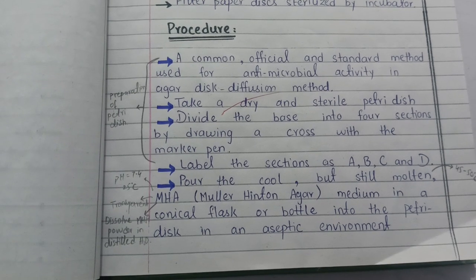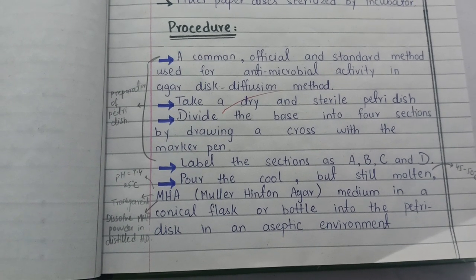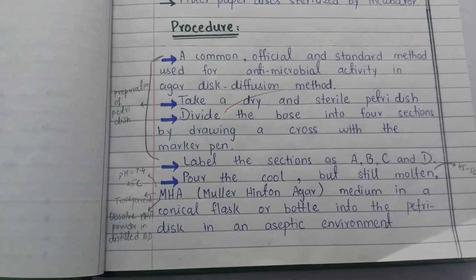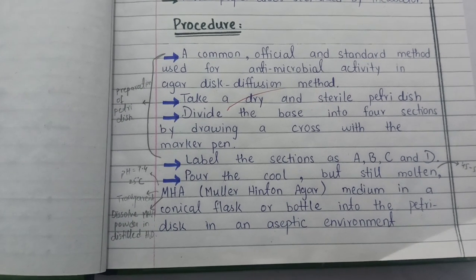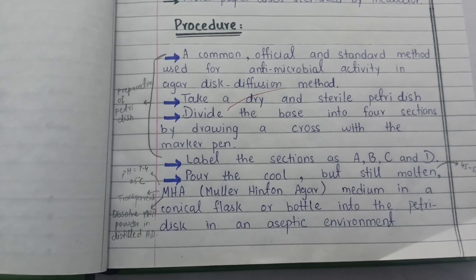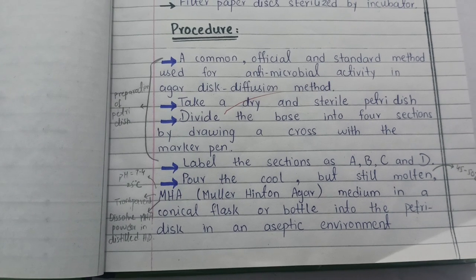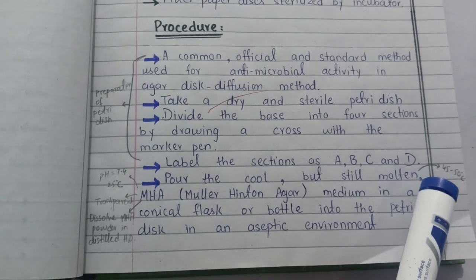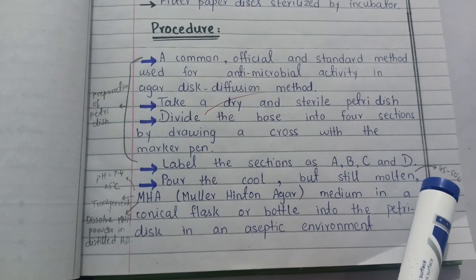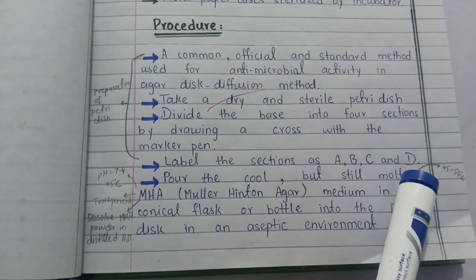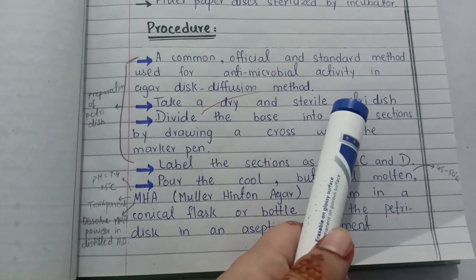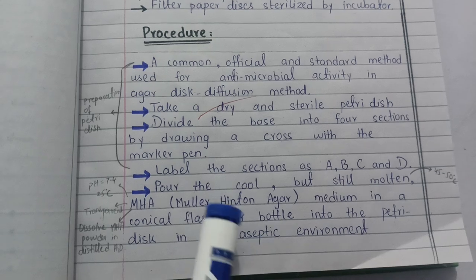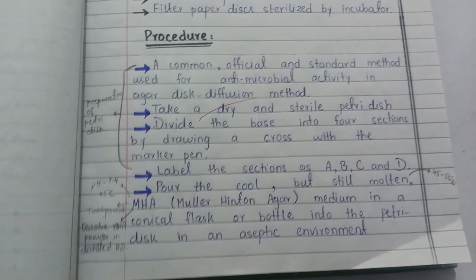You can see across it. How do you prepare this agar? You take your agar powder and dissolve it in sterilized water, and then it is in the molten form. It is heated at 45 to 50 degrees centigrade, and then you pour your medium into these petri dishes in an aseptic environment, and then you cool it down.